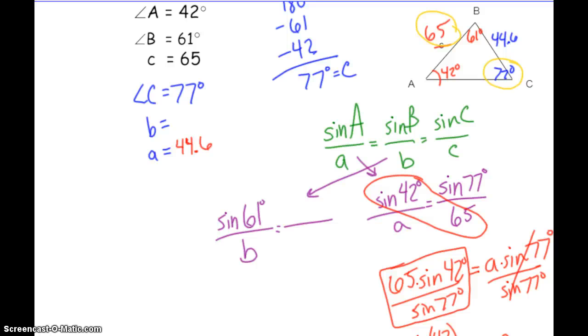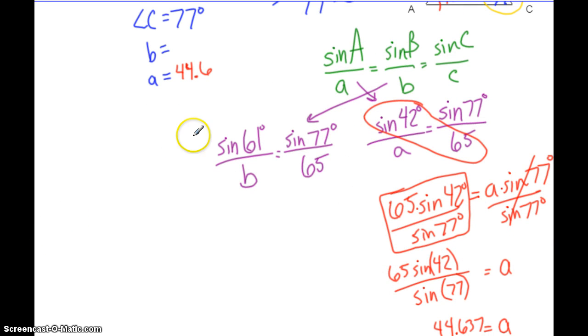So instead of using a rounded value like that 44.6, I would want to use a number that I know is exact. So again, I'm going to go back to C because I know that these numbers are exact. And I'm going to use sine 77 over 65 again. Then I'm going to do the same thing I just did, but with this ratio now.